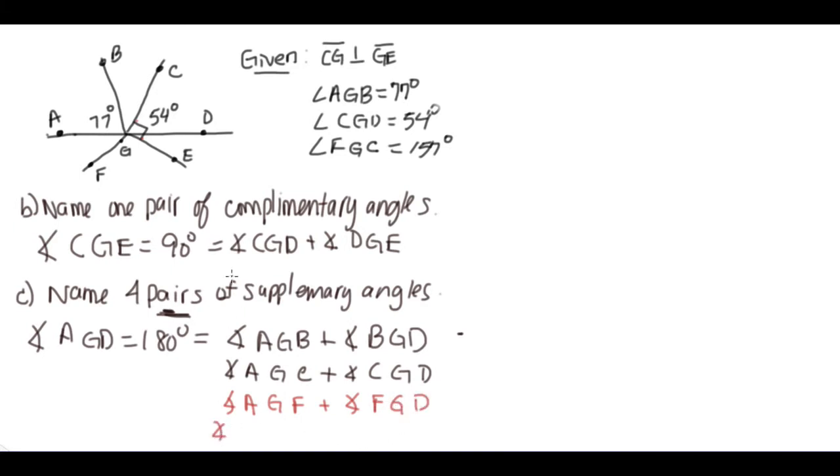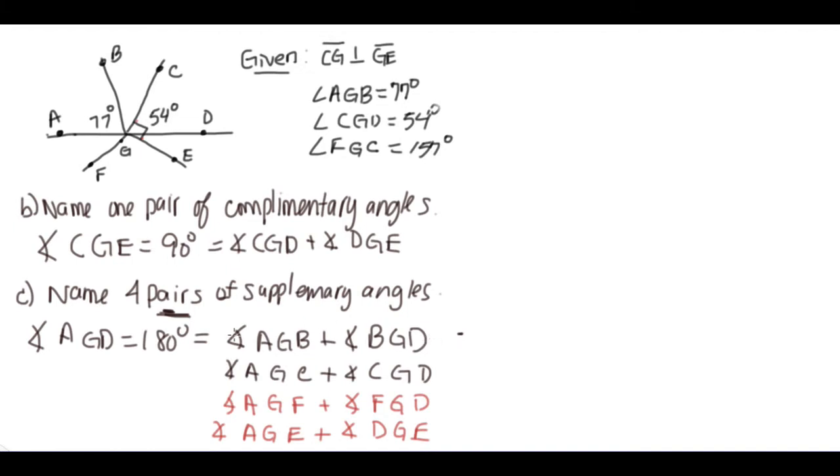Another pair could be angle AGE and DGE. Angle AGE plus angle DGE. All of these angles add up to 180 degrees, and they will all be considered supplementary angles.